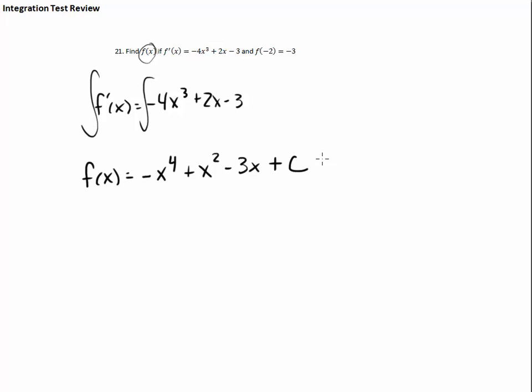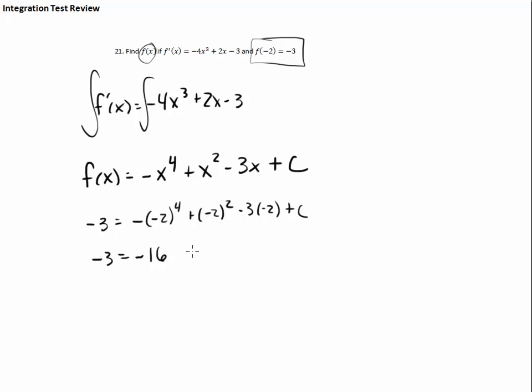Right? The derivative of this, no matter what c is, will be that. The particular solution, though, this tells us exactly which one we need. This is going to help us find c. So I will get out -3. So this is going to be equal to -3 when I plug -2 in for x. Now I solve for c. So I've got -3 equals -2 to the 4th power is 16 times a negative is -16. -2 squared is +4, times 3 is +6, plus c.